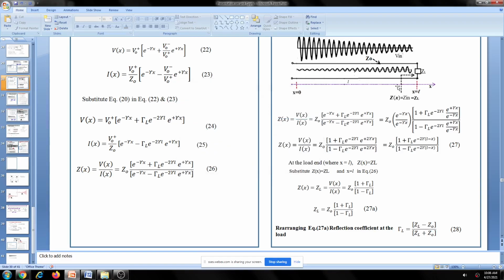But if you move like this and measure gamma, it is not equal to gamma L. Even a small movement changes the reflection coefficient. Only at the load position is it equal to this value.